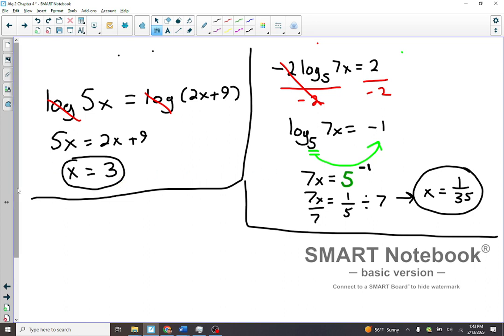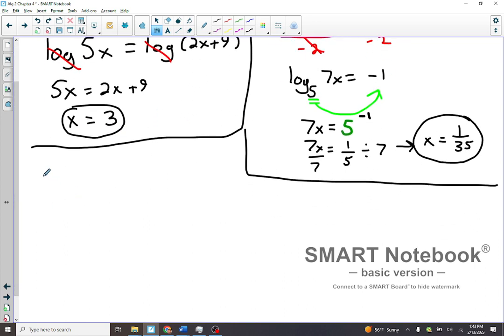All right, another one. Log base 12 of v squared plus 35 equals log base 12 of negative 12v minus 1.